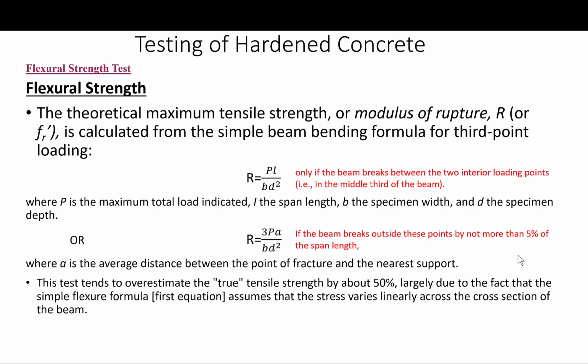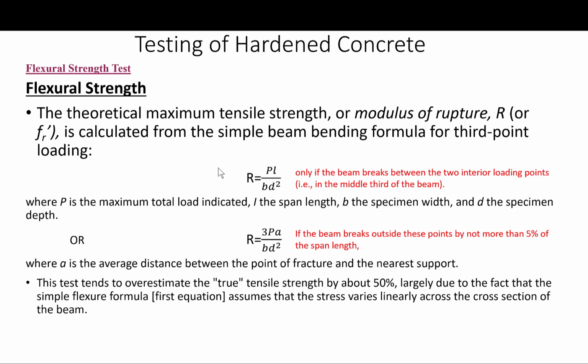One thing we need to remember, however, is that this test tends to overestimate the true tensile strength by about 50%, largely due to the fact that the simple flexure formula, according to this equation right here, assumes that the stress varies linearly across the cross section of the beam. But because the concrete has a nonlinear stress-strain curve, this assumption is not true.